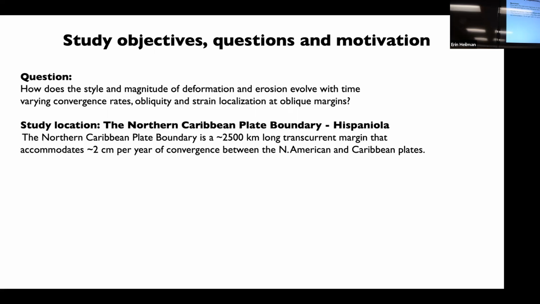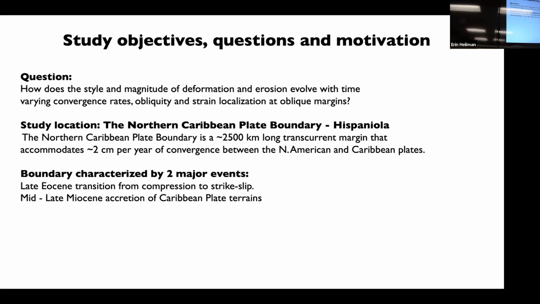We're going to focus on the Northern Caribbean plate boundary in Hispaniola. This is a large-scale transcurrent margin, so a strike slip margin that accommodates about 2 centimeters per year of oblique convergence between the North American and Caribbean plates. We chose this boundary because it has all of those things that we're interested in. It has varying convergence rates and varying obliquity, and we can piece together the history in Hispaniola and then try to learn something about how plate margins respond to these changing parameters.